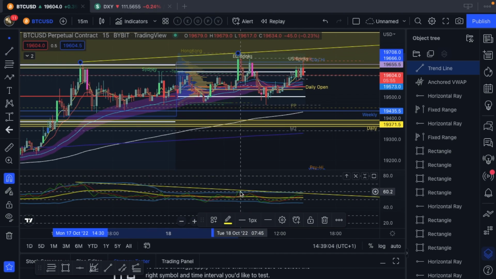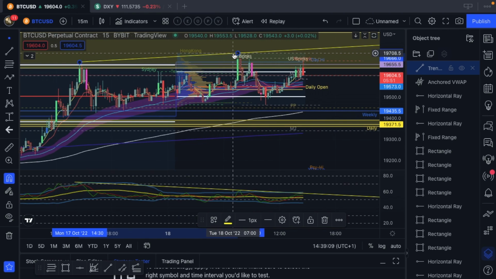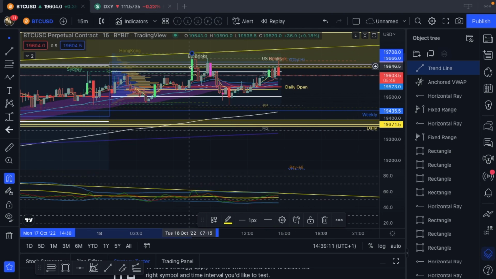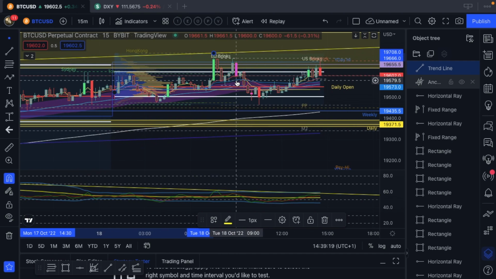So lower low on the TDI, higher high. So then it was just a question of really getting a bit of a retest here. Once I saw this wick reject, I got in there.